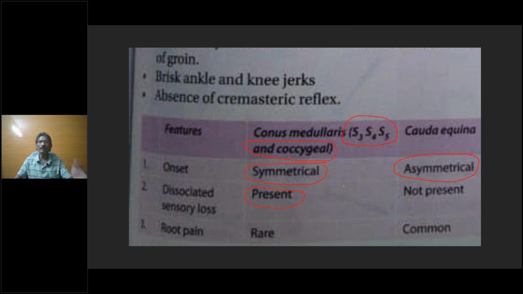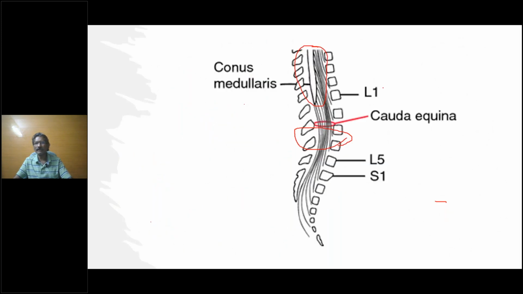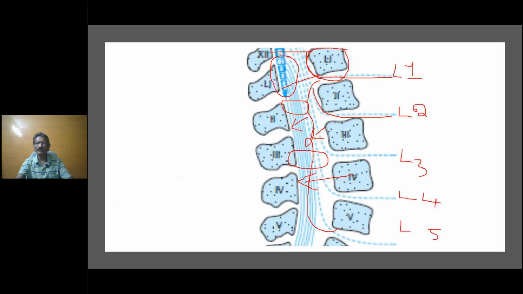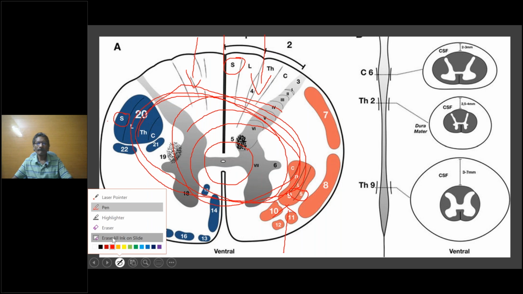For example, let's assume the L1 vertebra is compressing the lower part of the spinal cord, the conus, straight like this. In that case, you may not have a dissociated sensory loss, because the anterior part of the spinal cord gets affected.